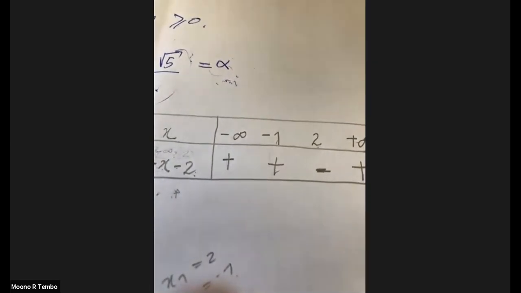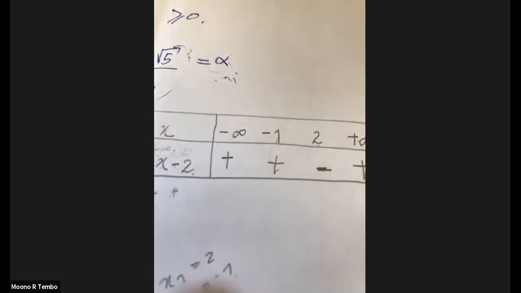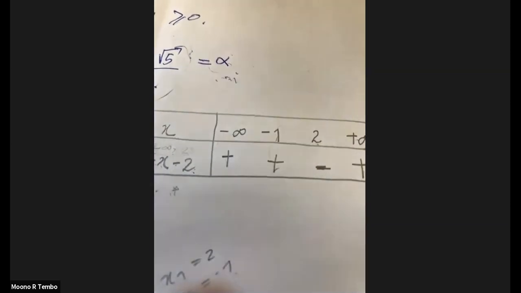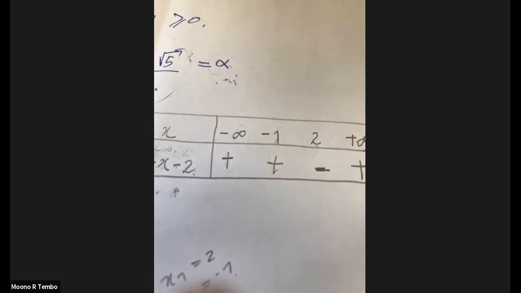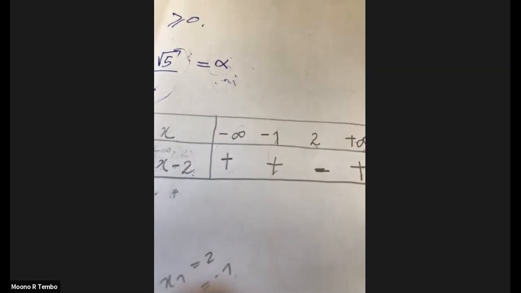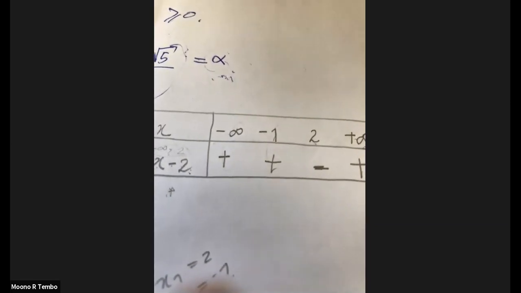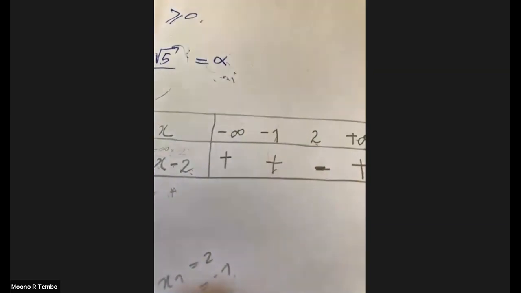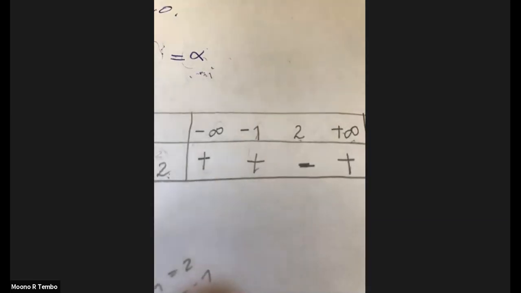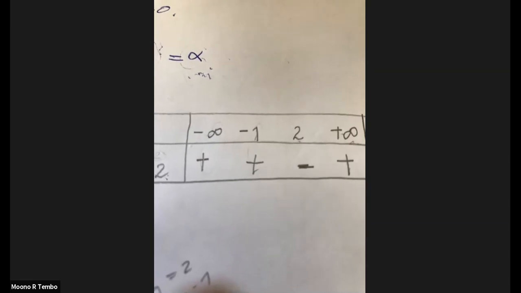And there are times when the question is so direct that you won't need the table to find the interval. At times we use the table to find the sign, which will help us with whether our brackets will be open, closed, and so on.